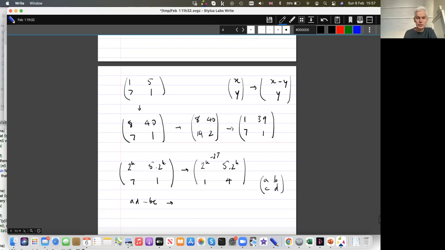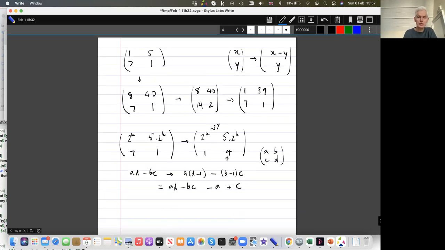If I subtract 1 from B and D, it'll go to A(D minus 1) minus (B minus 1)C, which equals AD minus BC minus A plus C. So the determinant will go down if A is greater than C.